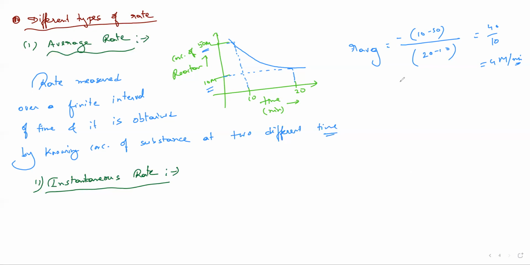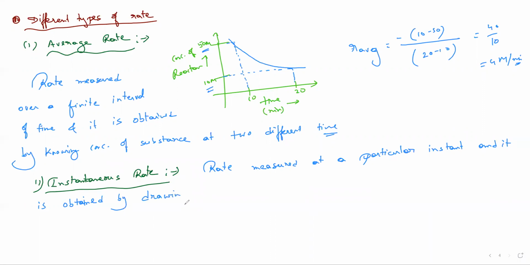Rate measured at a particular instant of time, and it is obtained by drawing a tangent at that time in the given graph.